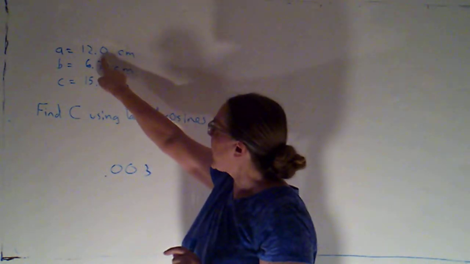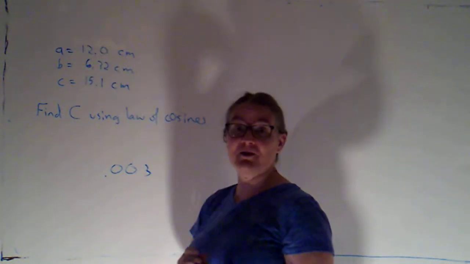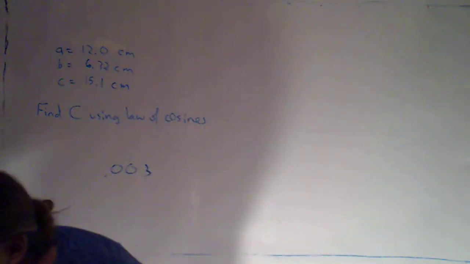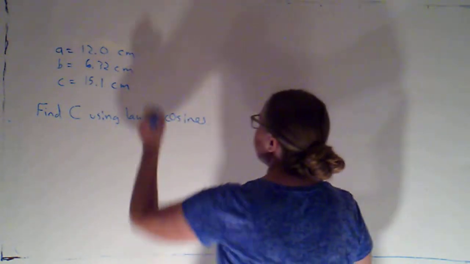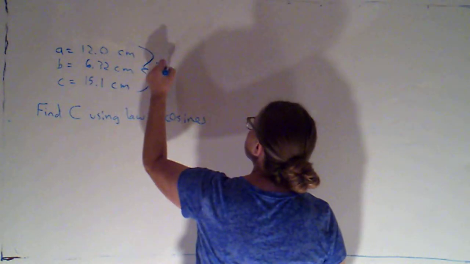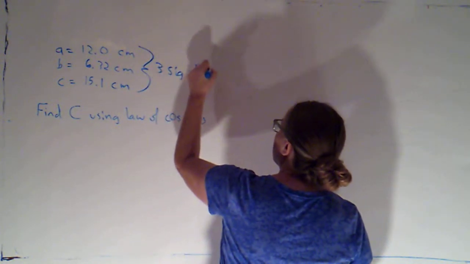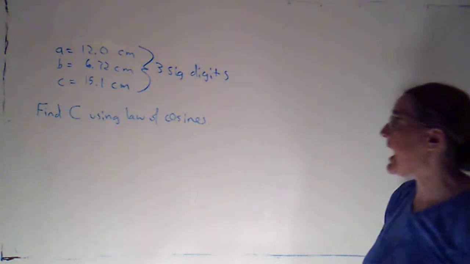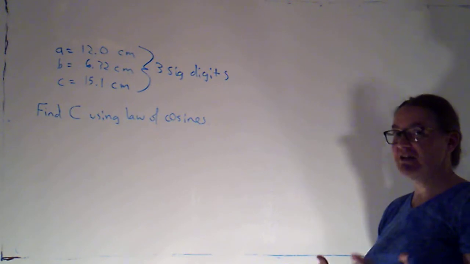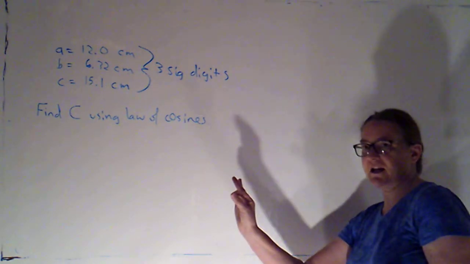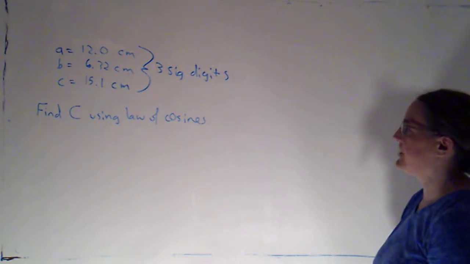But if it's to the right of the decimal and there's a non-zero digit to its left, then it's definitely significant. So all of these have 3 significant digits. When I find angle C, I will round to 3 significant digits. So that'll be whatever C is in degrees plus 1 more decimal place, so it'll be to the tenths of a degree.